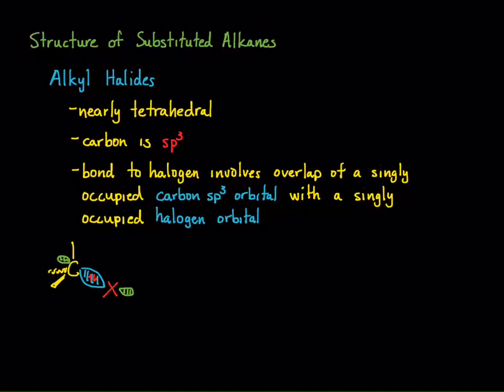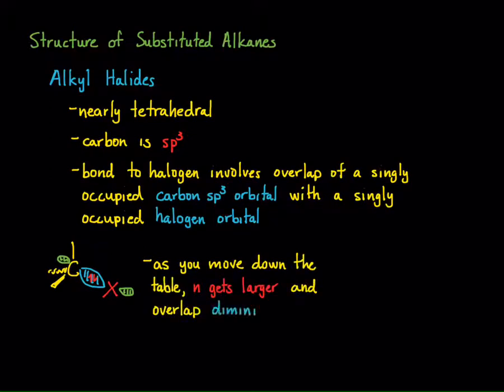Now, when you think about the strength of that bond, if we're assuming the overlap is from a p orbital, as you move down the periodic table, the n value, the principal quantum number, gets larger. And as we know, when the principal quantum numbers are not the same, then the overlap isn't as good.